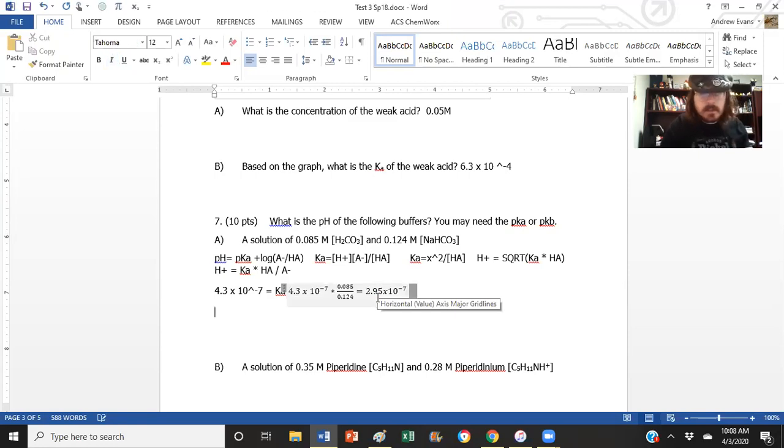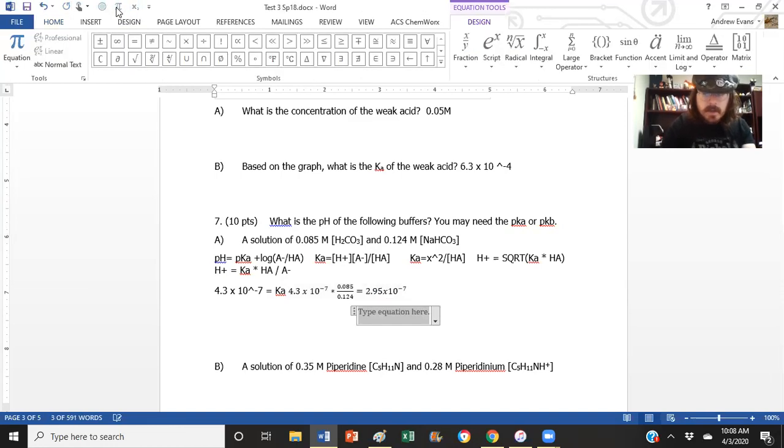Now the question asks, what is our pH? So pH, remember, equals negative log of our H plus, which is 2.95 times 10 to the negative 7. Do the negative log of that. And there's our answer.